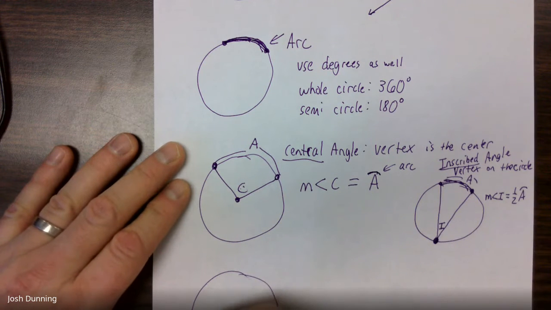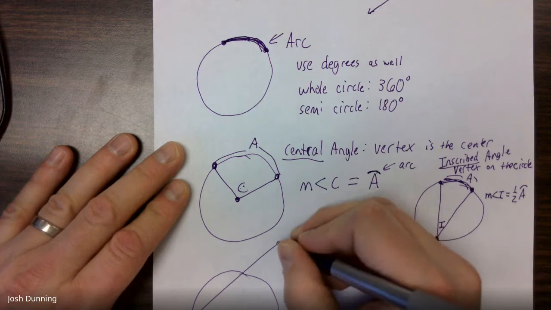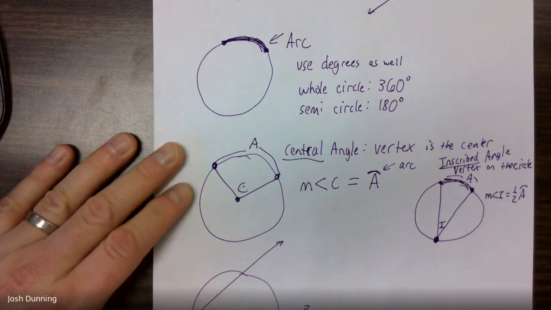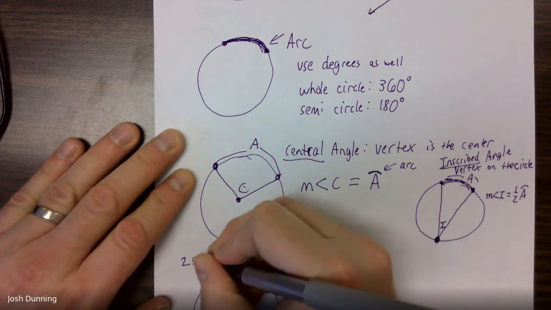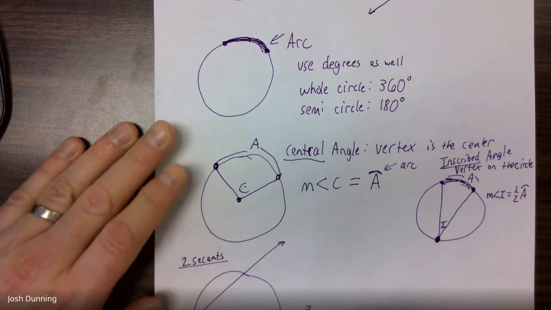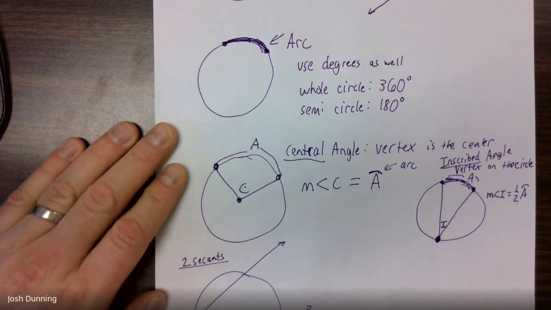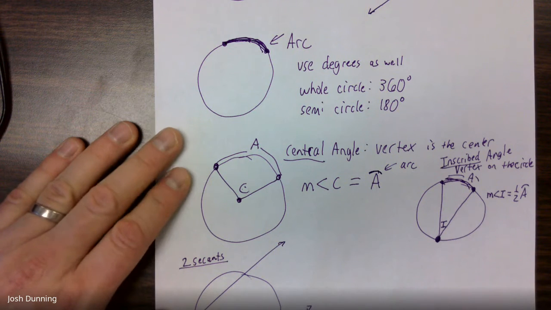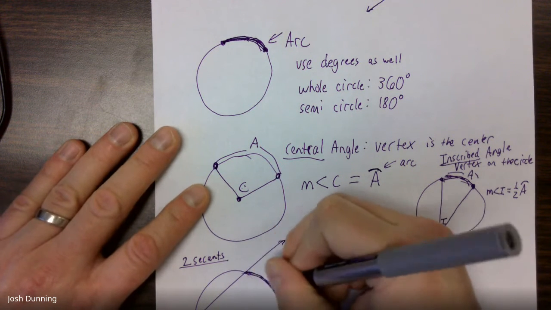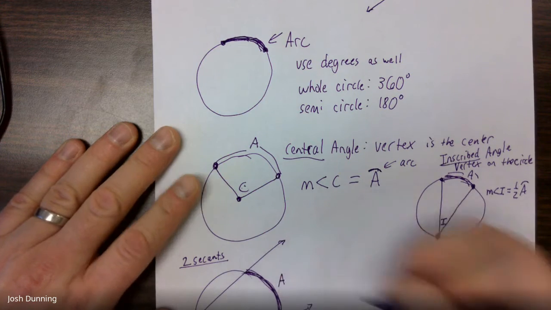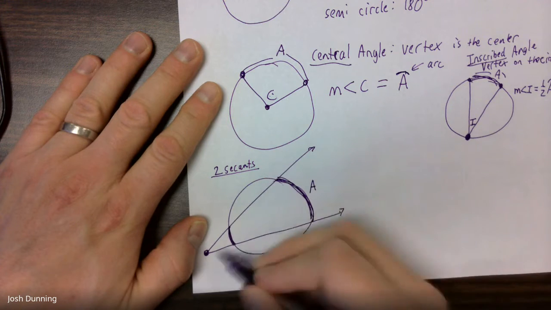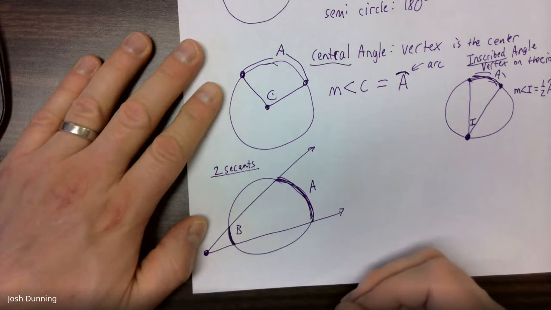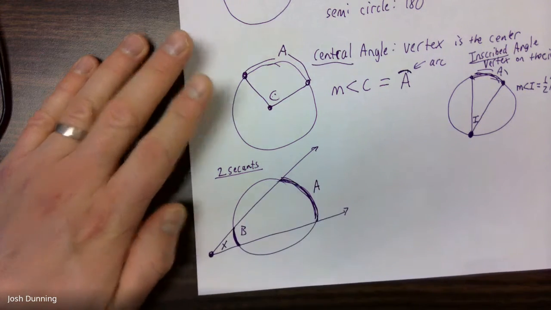If we have two secants that meet at a point outside of the circle, and it forms an angle, the vertex is outside of the circle. We call this arc A, and the other arc that it cuts, B, and we'll use X for this angle.